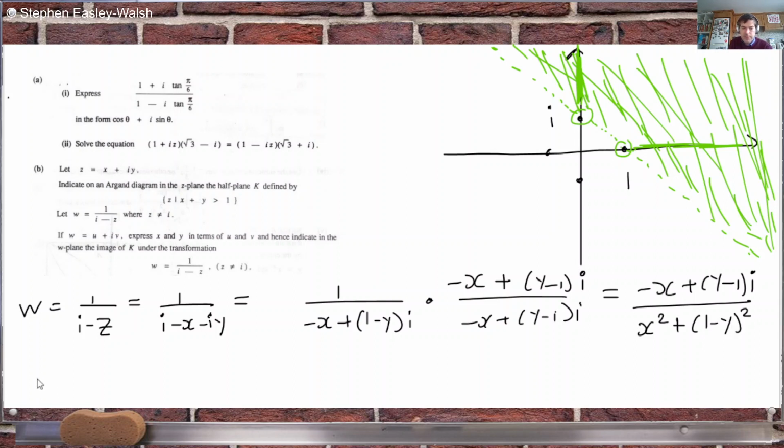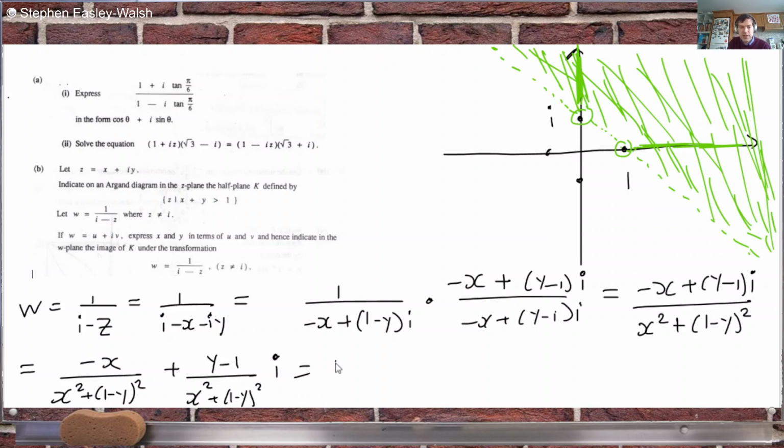So that will be minus x over x squared plus 1 minus y squared, plus y minus 1 over x squared plus 1 minus y squared i.